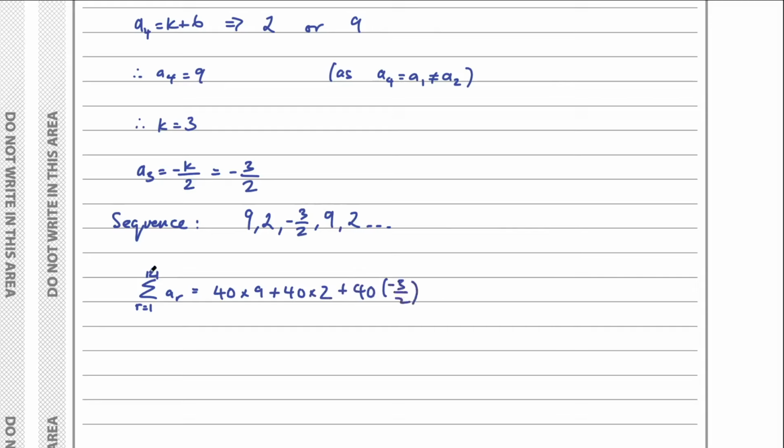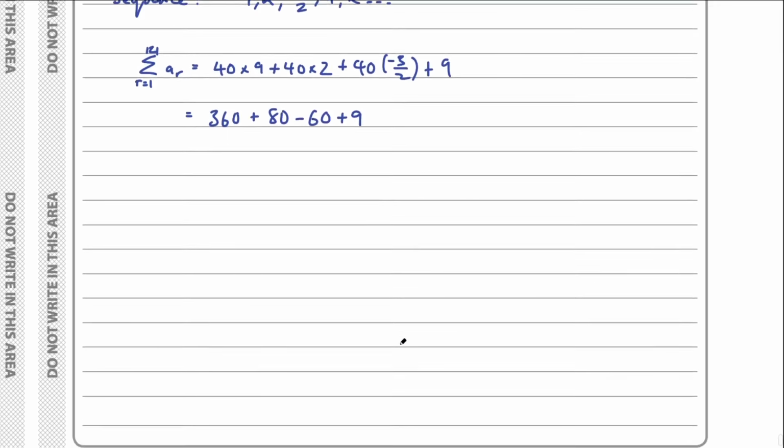And then we'd add on that extra one, which would be the first term again, so add on 9. Let's evaluate this. 40 times 9 is 360, plus 80. 40 divided by 2 is 20, times negative 3 is negative 60, plus 9. Then 300 plus 80 plus 9 gives 389 for a final answer for that sum.